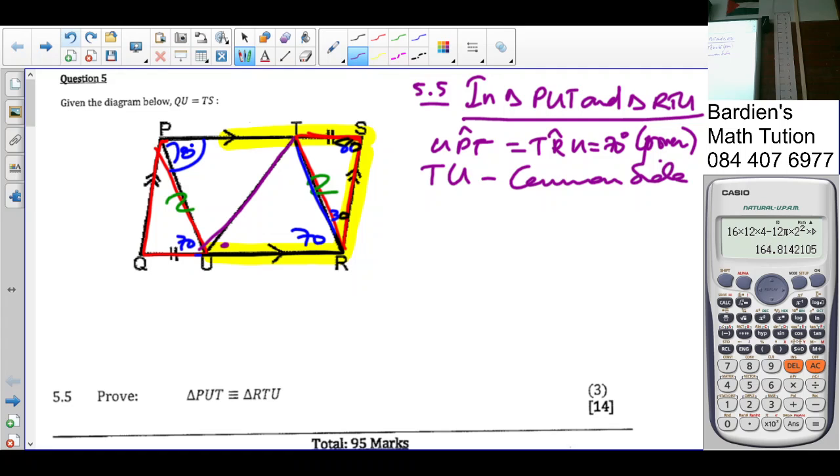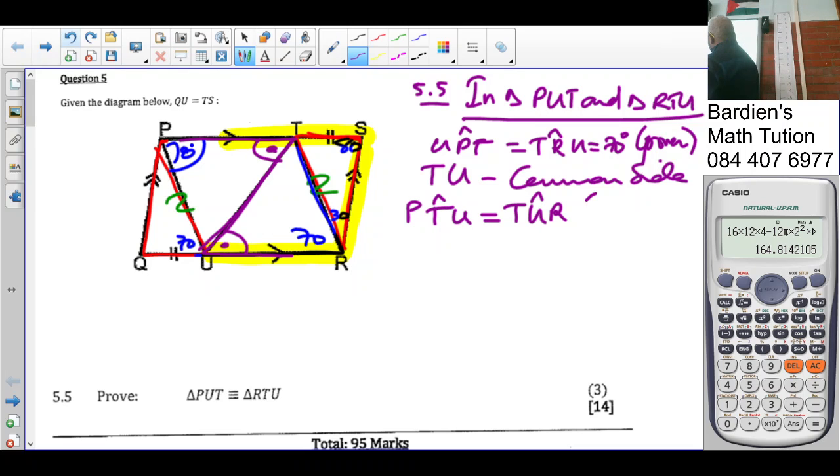Then angle PTU, do you all agree with that? Yes, it's alternate angle Z. The Z is being formed. So PTU is equal to TUR. Why is that equal? Alternate angles, with PT parallel to UR.